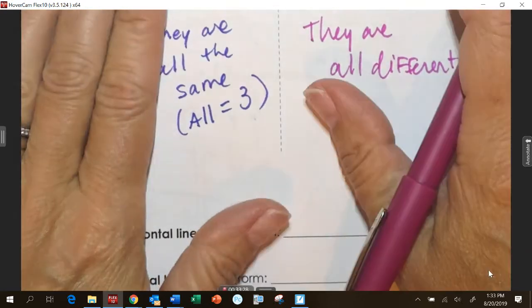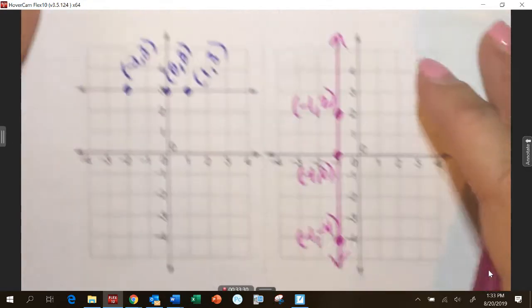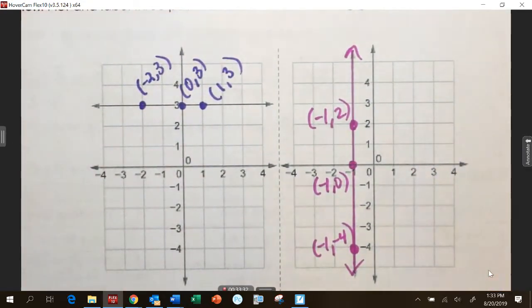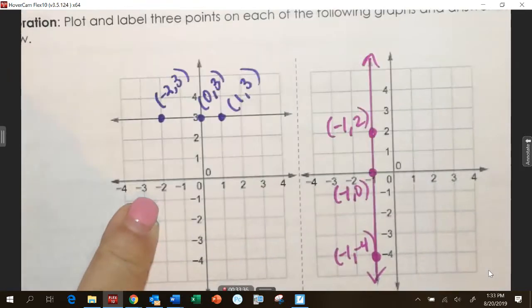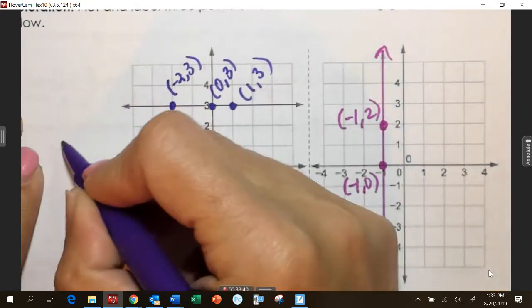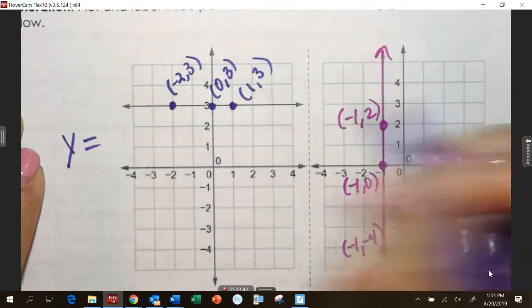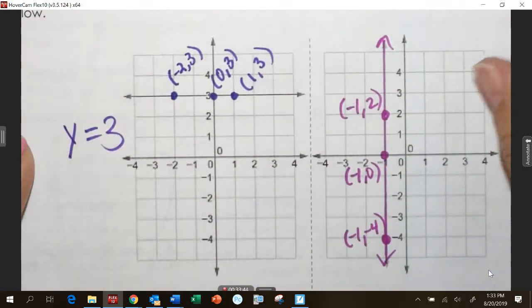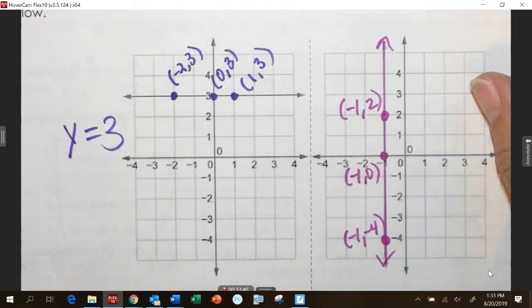So now I'm going to add something on to each of these. I'm going to show you the actual equations for these lines. The equation for this first one that I did in purple, for the one on the left, is y equals 3. That's the equation of that line. And how can I get that from the ordered pairs?